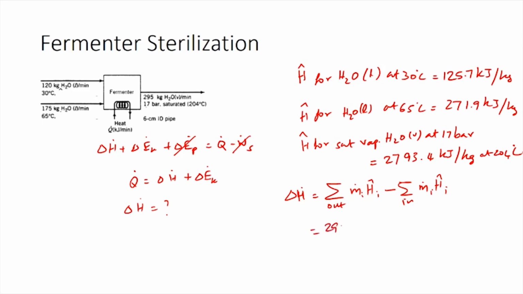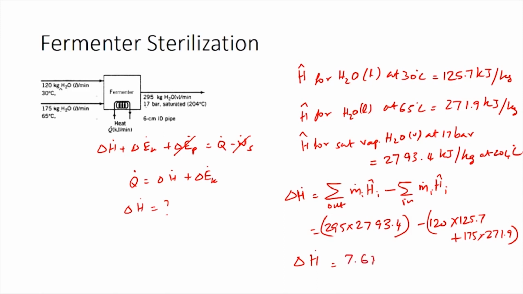So, this would be 295 times 2793.4 minus 120 times 125.7 plus 175 times 271.9. So, this value would be delta H dot equals 7.61 times 10 power 5 kilojoules per minute. This gives you the change in enthalpy for the process.